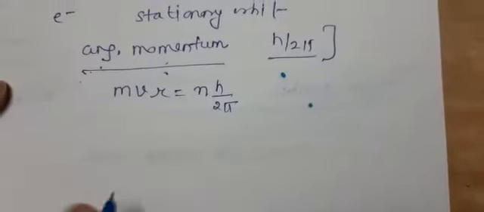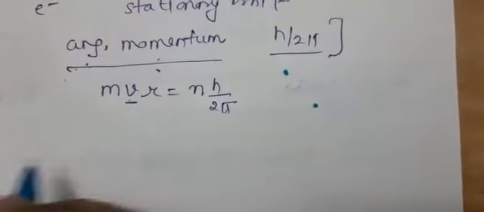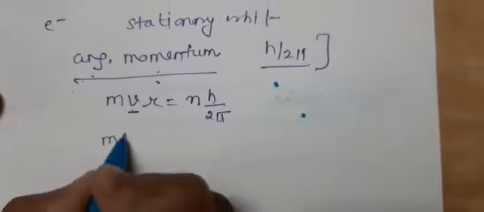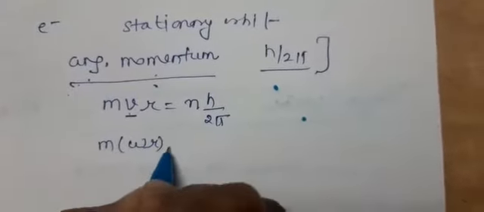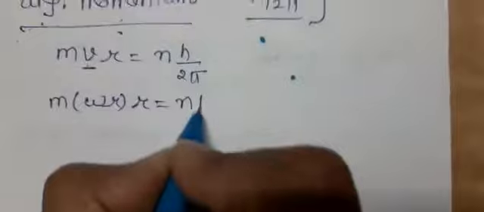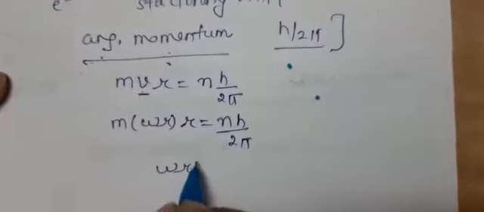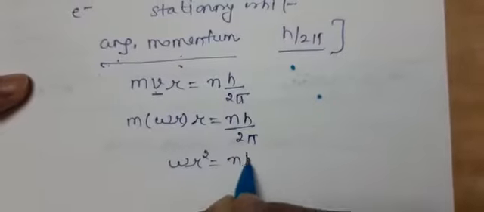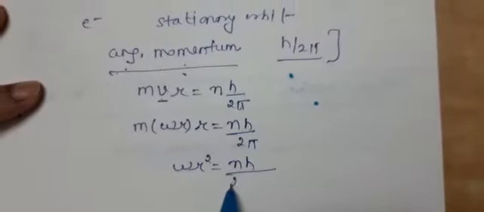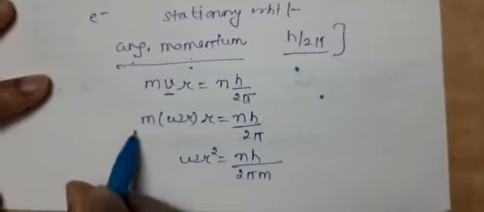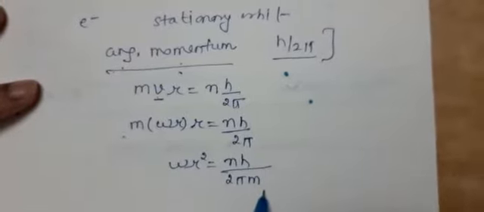So we will substitute the value of v in terms of omega. See, step by step, these are all mathematical steps. So here omega r square is n h upon 2 pi m, where m comes in the denominator.